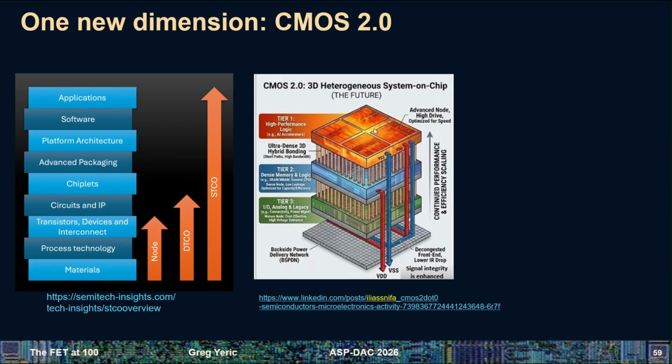Basically, you can optimize different tiers. These are different wafers, chips cut out of different wafers, that are optimized so you can make the memory better than the logic, so that you don't have to deal with the CMOS compatibility issues that I talked about. You can make a lower cost layer in one versus the other. So you basically can have another degree of optimization that can really help.